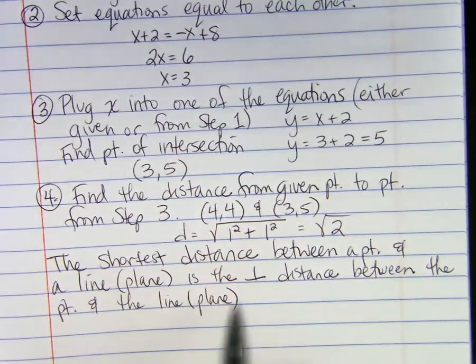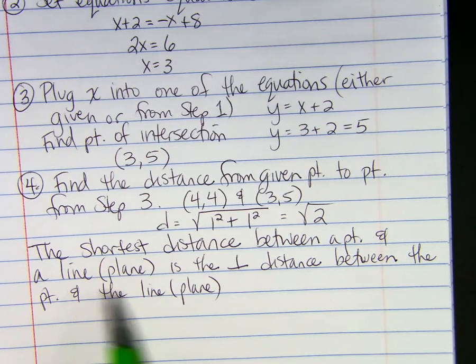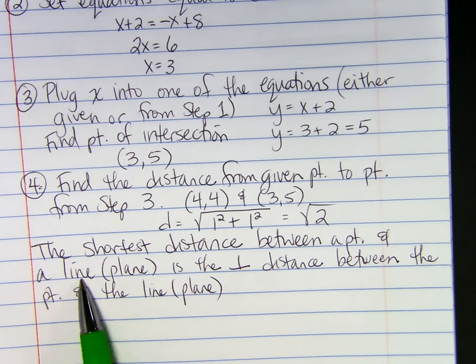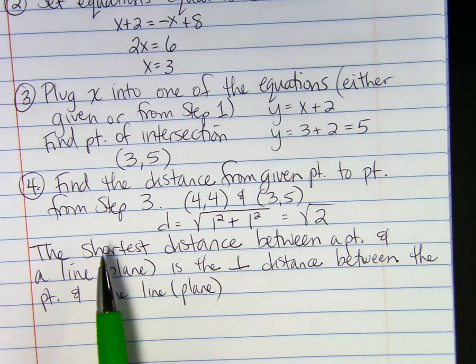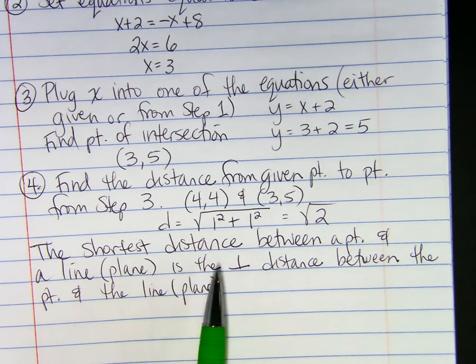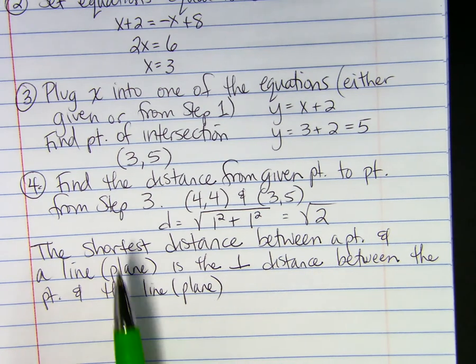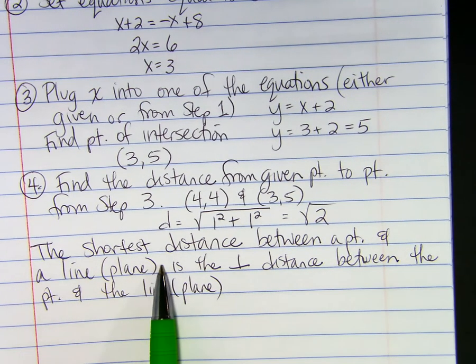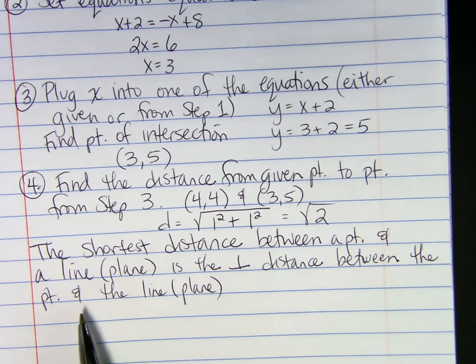So that's two sentences in one. First you read without the parentheses, then you read without the line before and the parentheses. I don't know if that makes sense. The shortest distance between a point and a line is the perpendicular distance between the point and the line. The shortest distance between a point and a plane is the perpendicular distance between the point and the plane.